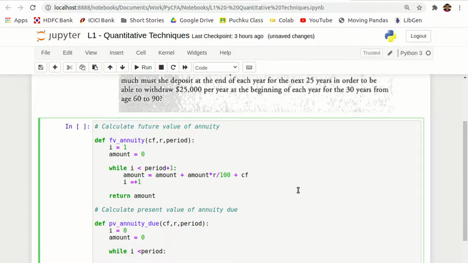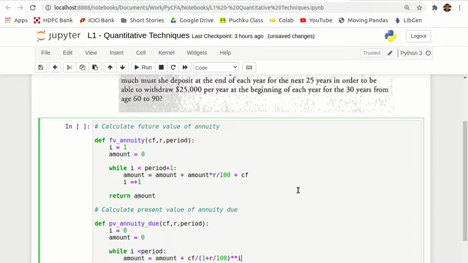So the amount will be amount plus whatever is the cash flow divided by 1 plus R divided by 100 raised to the power of I. Perfect.